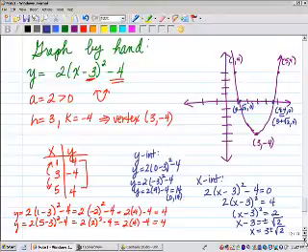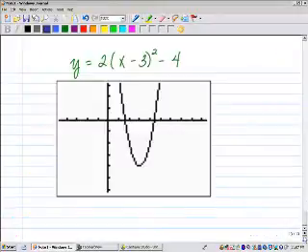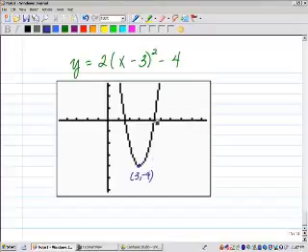Now, let's just confirm on the calculator. I had already done this. I'd entered, and I'll show you how to do that here. Y is equal to 2 times (x minus 3) squared minus 4, to confirm that I do have a (3, negative 4). And then my x-intercepts were at 3 plus the square root of 2, 0, and then 3 minus the square root of 2, 0.